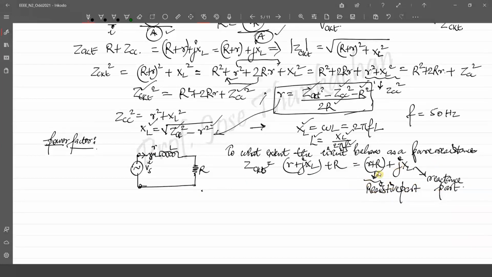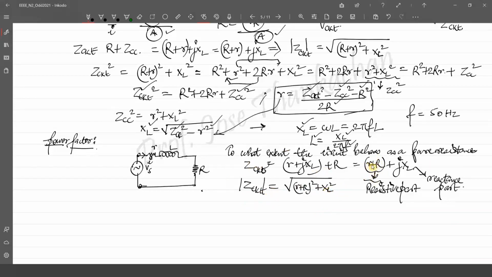Now, what is the power factor? Power factor is telling us how much of the total impedance is the resistive portion. Total impedance is Z circuit, and its magnitude is the root of (r plus capital R) the whole square, plus XL square. We have already seen this. So out of this total impedance, how much is the total resistive part?